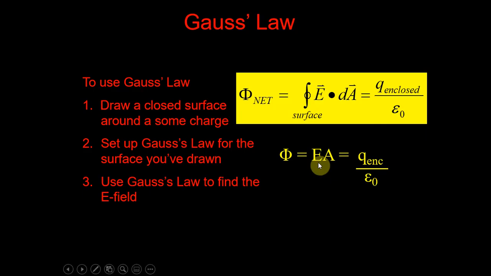That's how this is derived, but this is the version of the formula that you will employ the most. Phi, as we've already said, is EA, or EA cos theta, but this can also equal Q enclosed in our surface divided by epsilon 0. That means if we have a set amount of charge in or on our surface, it will result in a certain electric field with a certain flux.